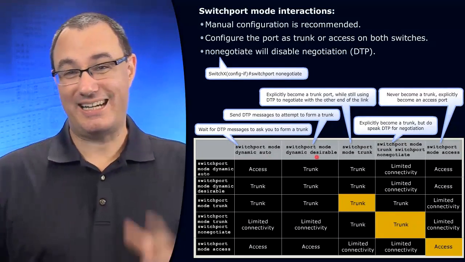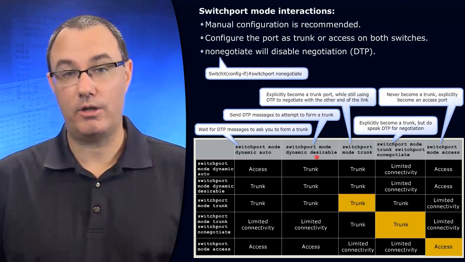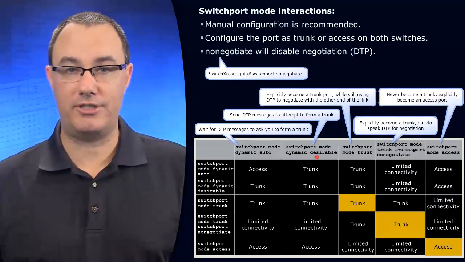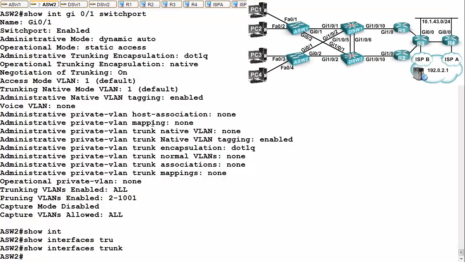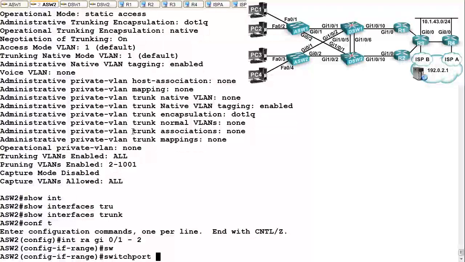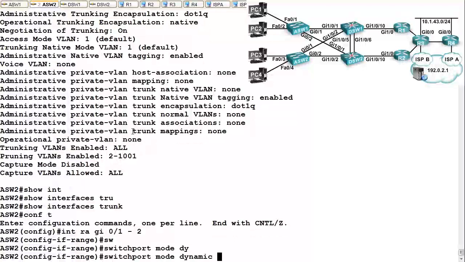But if one side asks the other to dance, then they will. That's dynamic desirable. The command switchport mode dynamic desirable does that. So I'll do that. I'll configure a range of ports, Gi 1/2, switchport mode dynamic desirable.